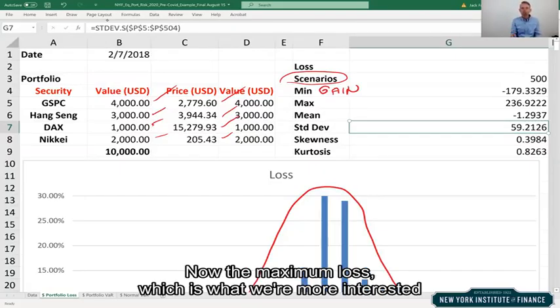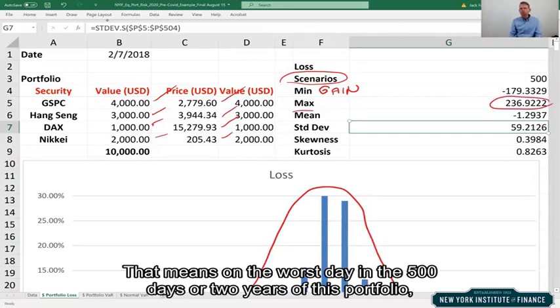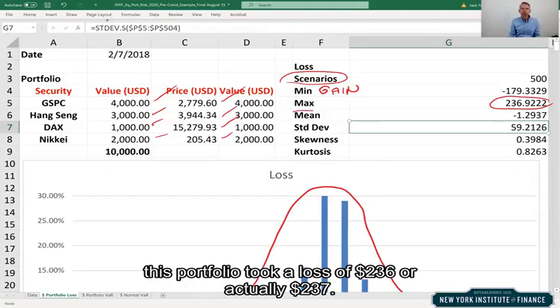Now, the maximum loss, which is what we're more interested in as risk managers, was 236 here. So that means on the worst day in the 500 days or 2 years of this portfolio took a loss of $236, or actually $237.